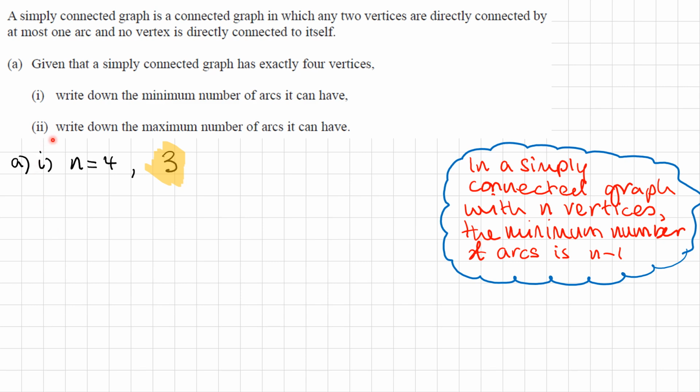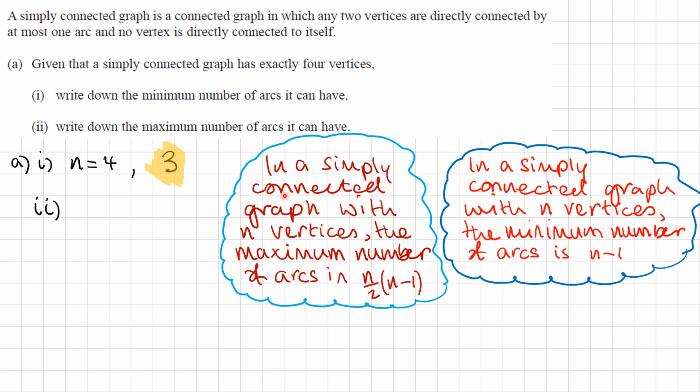Part 2, we need to write down the maximum number of arcs that this 4 vertex simply connected graph can have. Now, in a simply connected graph with n vertices, the maximum number of arcs is n over 2 times n minus 1.